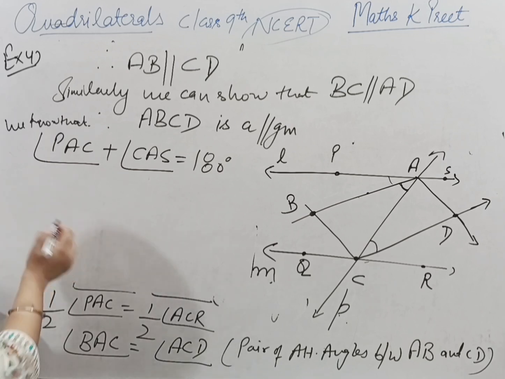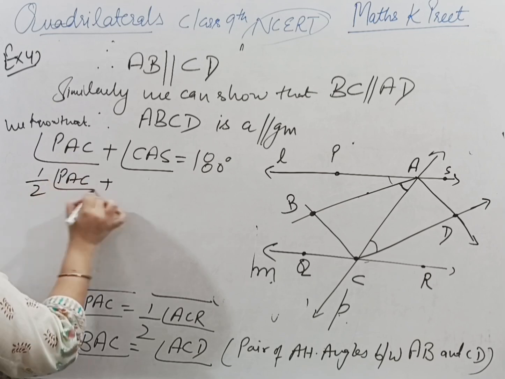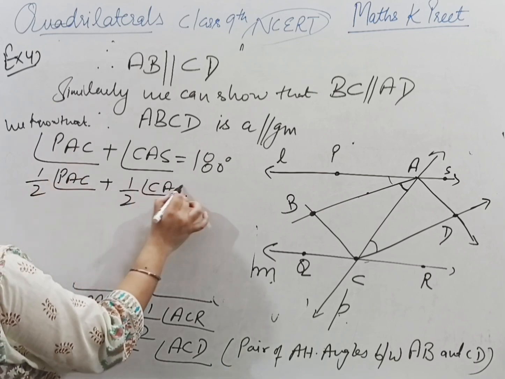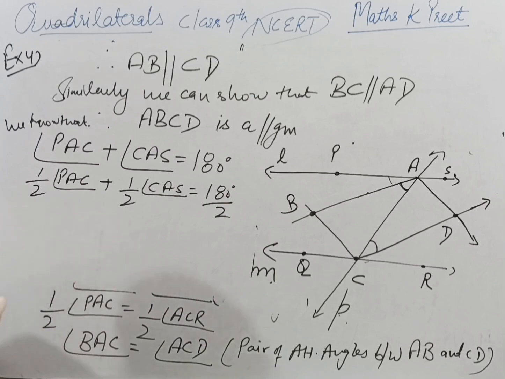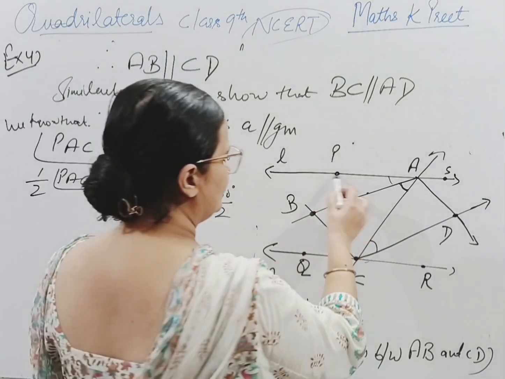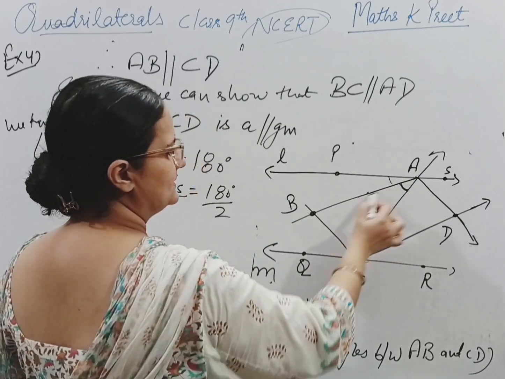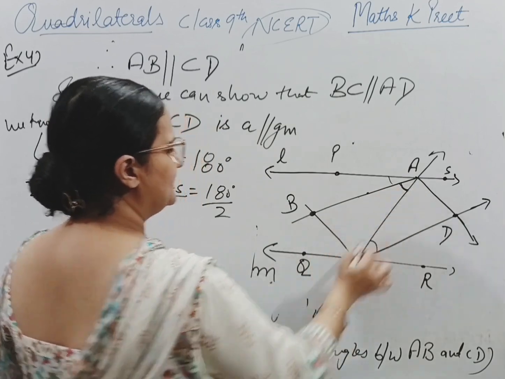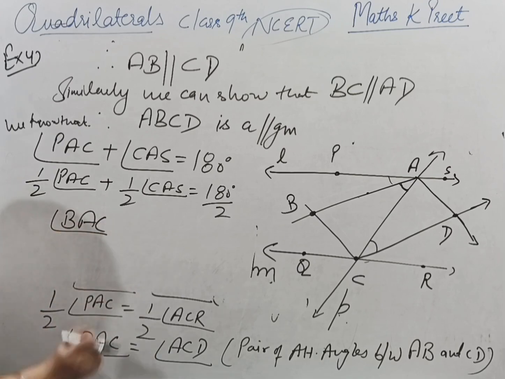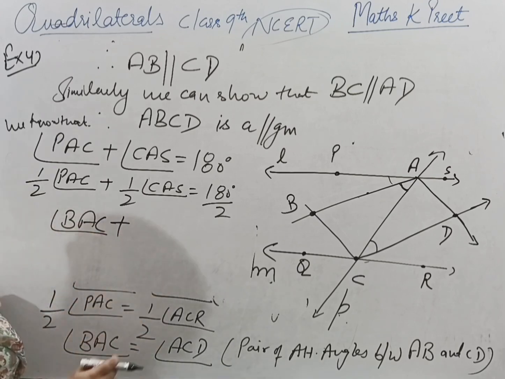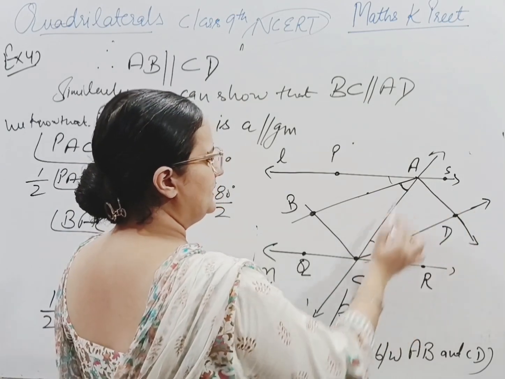If I put half on both sides, half of PAC plus half of CAS is equal to half of 180 degrees. So what is half of PAC? Half of this is BAC, because this is an angle bisector. So half of PAC is BAC, plus half of CAS, which is CAD.